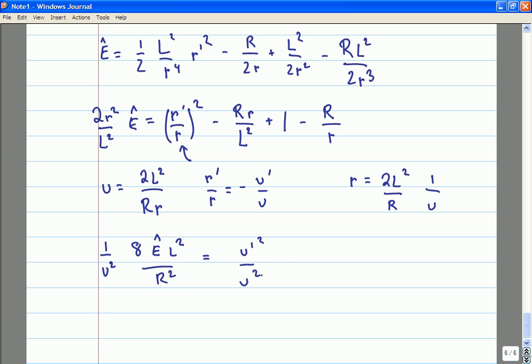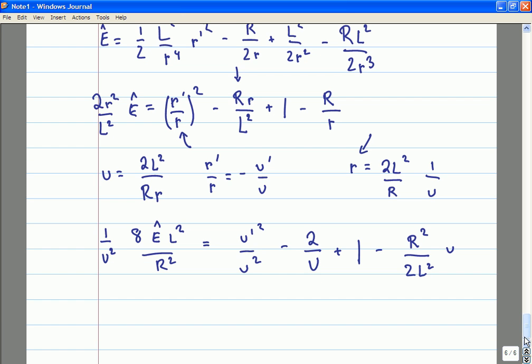minus two over U, coming from this term, just plugging it in here, plus 1 minus R squared over 2L squared times U. Or multiplying through by U squared, what do we get?